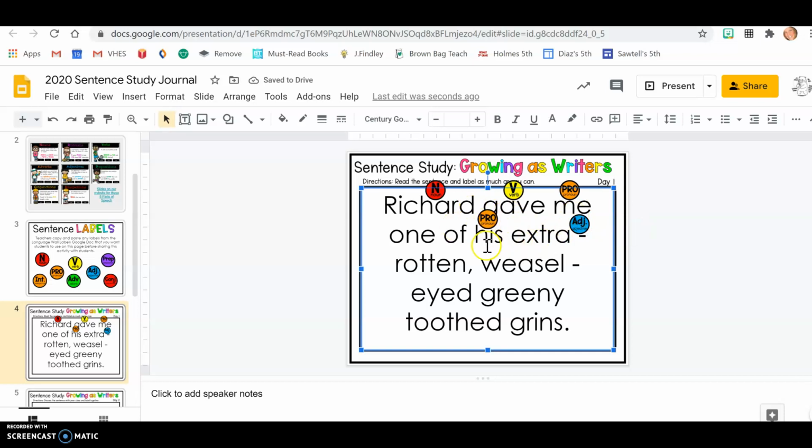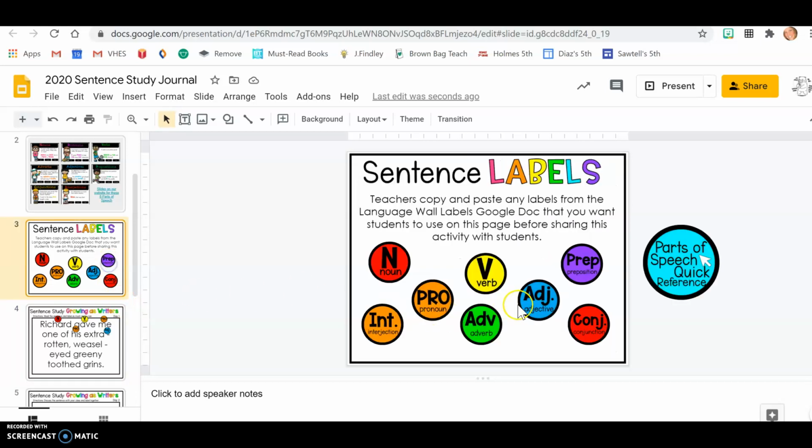Richard gave me one of his extra rotten weasel-eyed. Ooh, weasel-eyed is even more mischievous. Weasel-eyed is when it's kind of very sneaky and he's trying to be a little bit cunning or getting into trouble. So weasel-eyed is further describing that smile. So describing is an adjective.